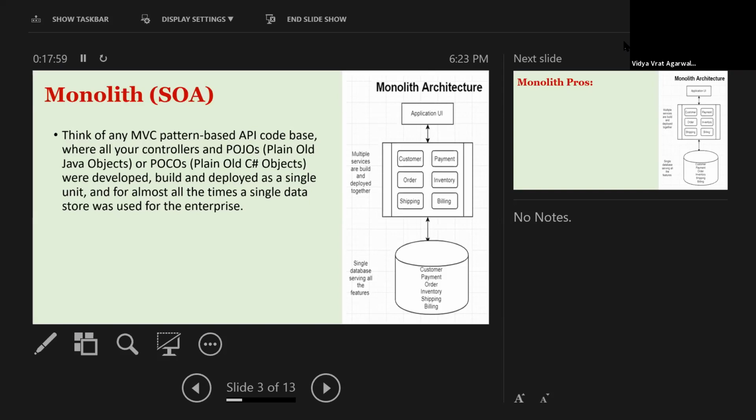It could be SOA or it could be microservice. Now, do not worry about what microservice is. We are going there. Now, in this controller, you will have some sort of code. Public controller, I call it custom.